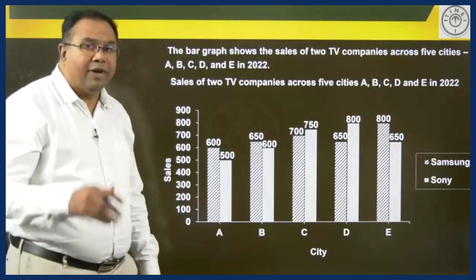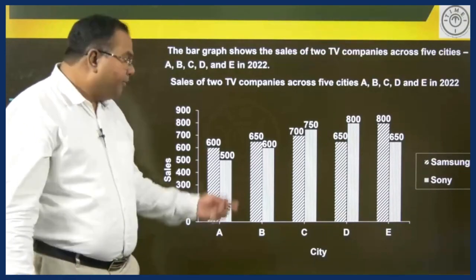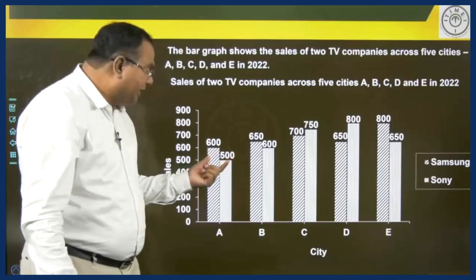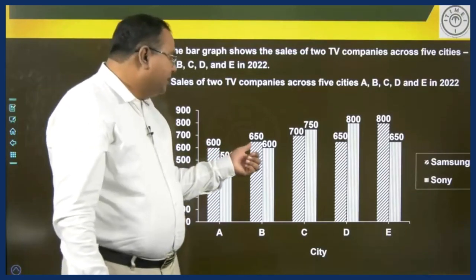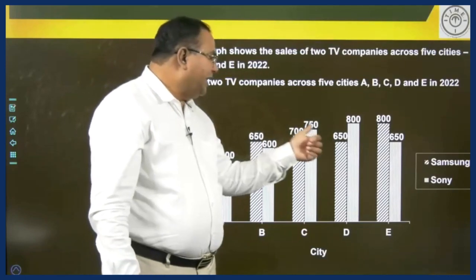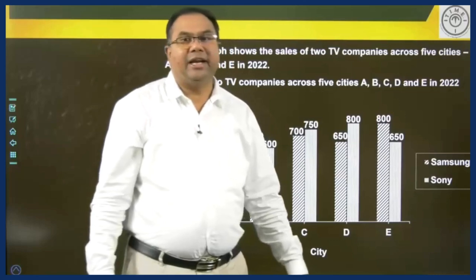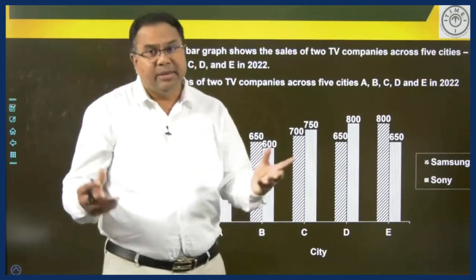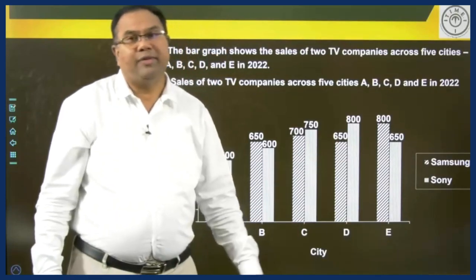If I want total sales of Samsung in all the cities, what should we do? We need Samsung sales in all the cities. So, add only the Samsung bars A, B, C, D, E together: 600, 650, 1250, 1950 plus 650, 2600 plus 800, it is 3400. Similarly, if you want total sales of Sony, you have to add the Sony bars in all the 5 cities.